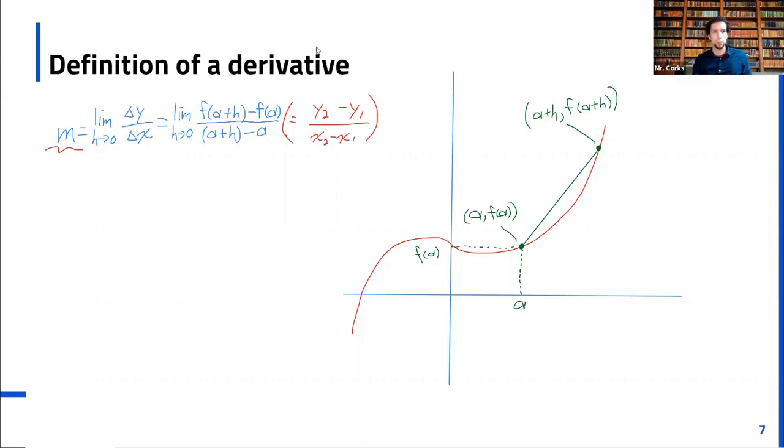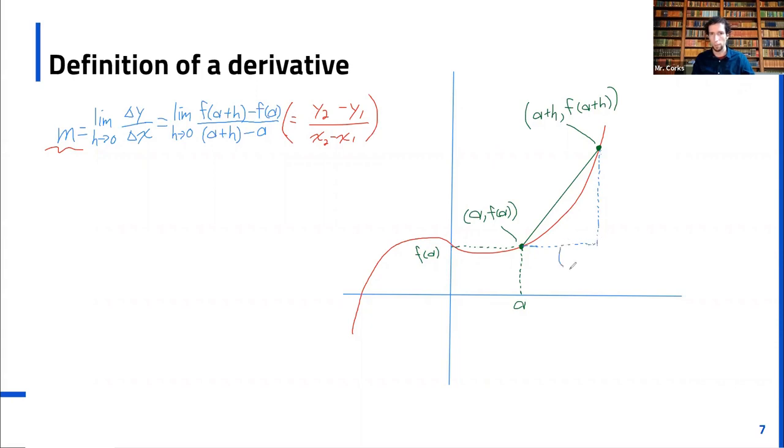So H is representing the horizontal distance between these.